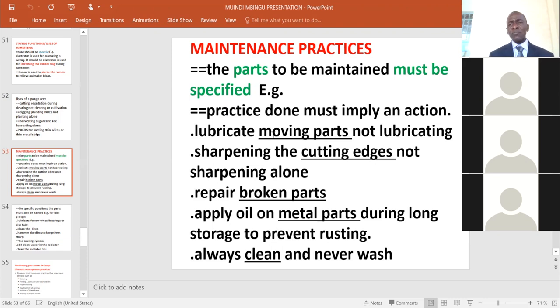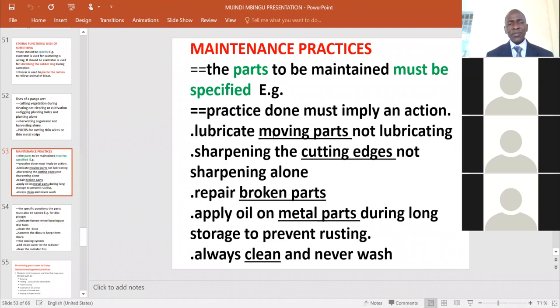You are asked to give maintenance measures on an implement like a disc plough. Don't say wash, because wash would be directly introducing moisture to the metallic parts, which would then rust. Say clean.